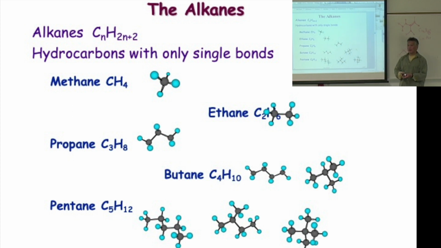If you look at the back of your lab manual, there's a chart there for organic chemistry. That's basically what you will find. These are the different alkanes, and how do we know they're alkanes? There are only single bonds throughout these compounds. Single bonds tell you they're alkanes. They follow this formula, CnH2n+2.